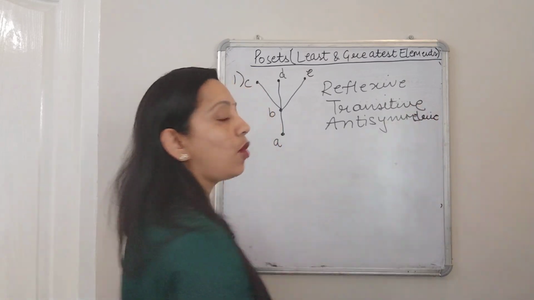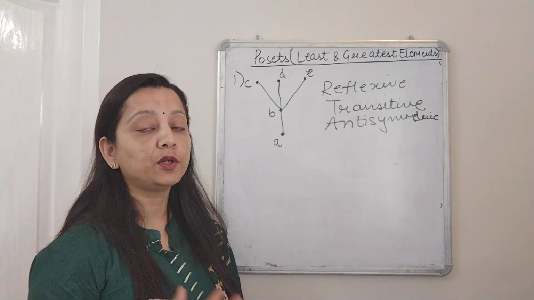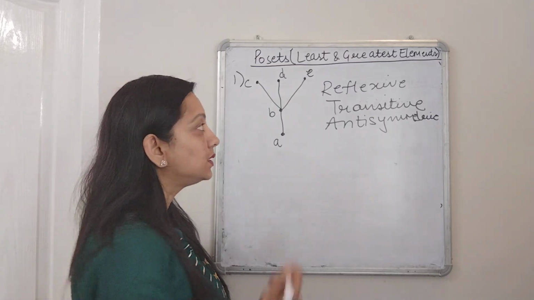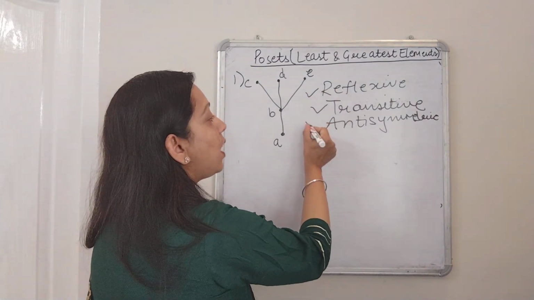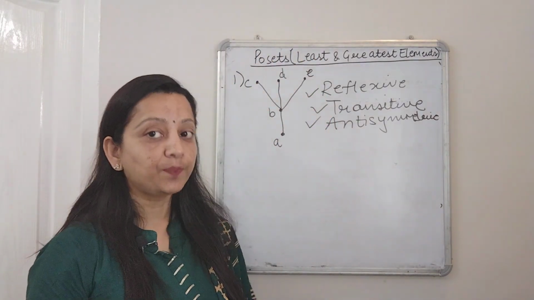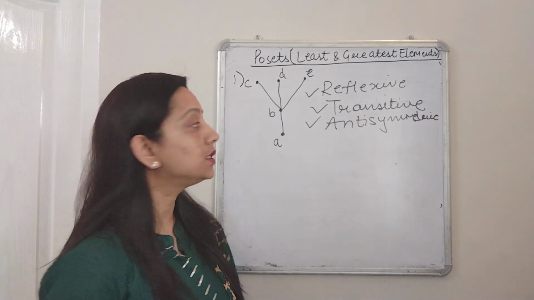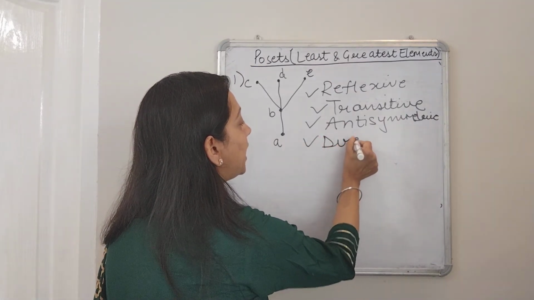So these three properties this Hasse diagram will have for sure, because a Hasse diagram is made for posets, and a poset is always reflexive, always transitive, always antisymmetric. And since a poset is a relation, I know that a relation is always directed.